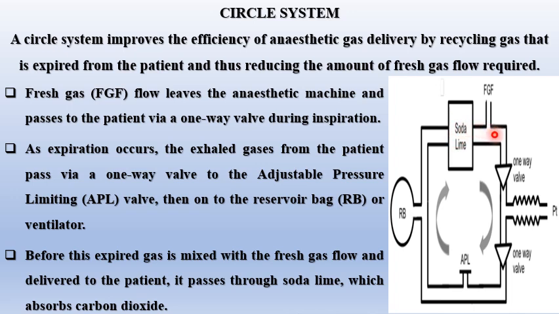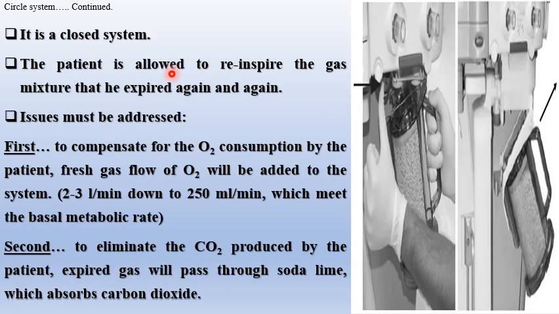And again, this gas will be mixed with fresh gas flow and again to the patient. It is a closed system. The patient is allowed to re-inspire the gas mixture that he expired again and again.